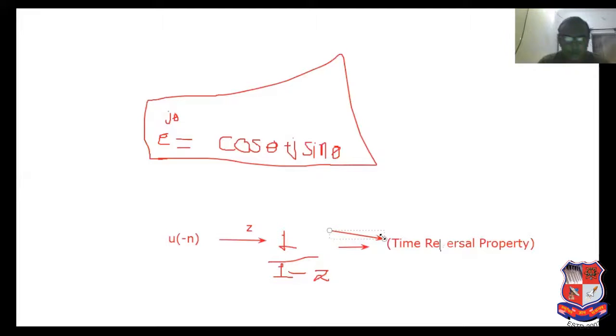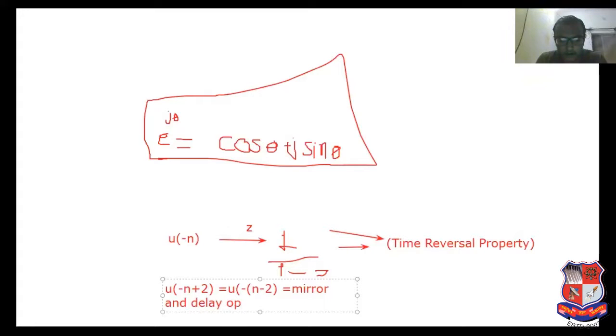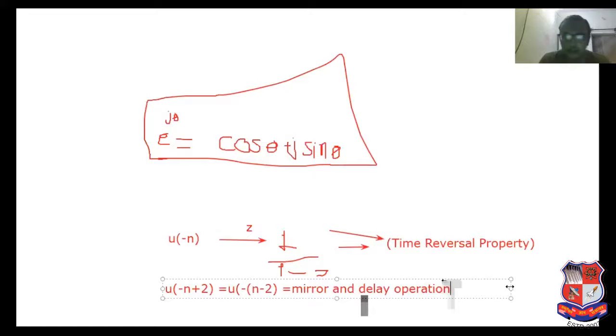Now, u of minus n plus 2 means what? It is equal to u of minus (n minus 2). So here we can apply the mirror and delay operation, shifting the signal with respect to z raised to minus 2.